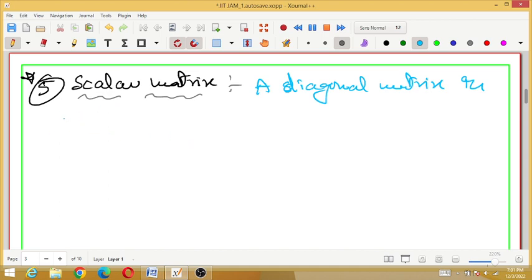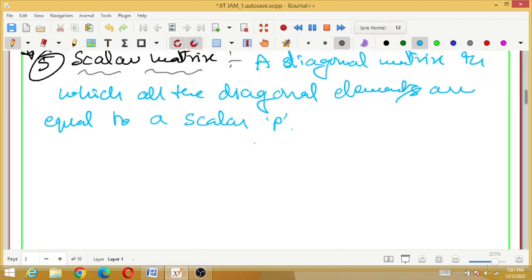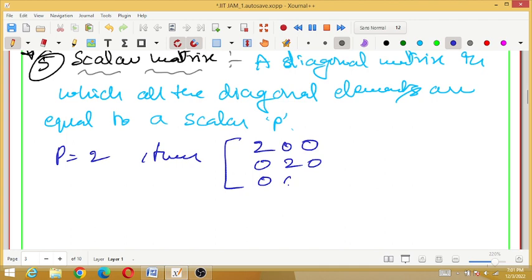A diagonal matrix in which all the diagonal elements are equal to a scalar, suppose P. Suppose P is equal to 2, then that is 2, 0, 0, 0, 2, 0, 0, 0, 2.